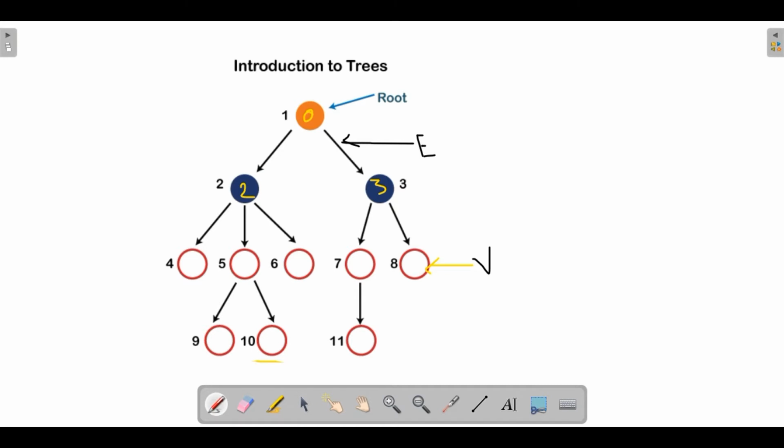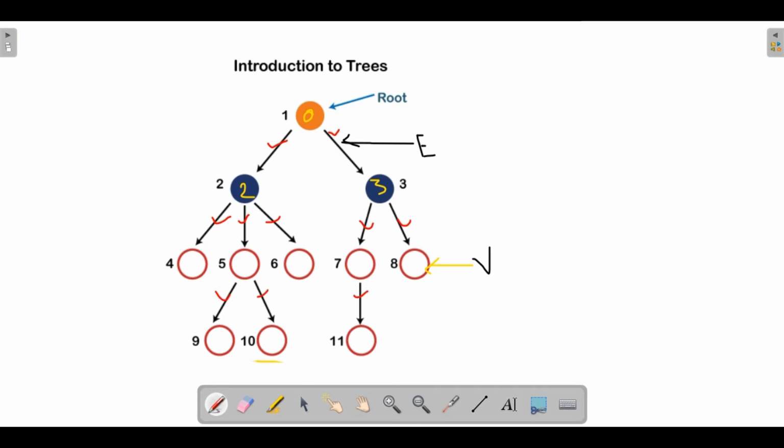One thing that you need to remember is that however many vertices you have in a tree, the edges would be one less than that. Say for example, here we have 11 vertices: 1, 2, 3, 4, 5, 6, 7, 8, 9, 10, 11. If you count the number of edges here, you would find 10.